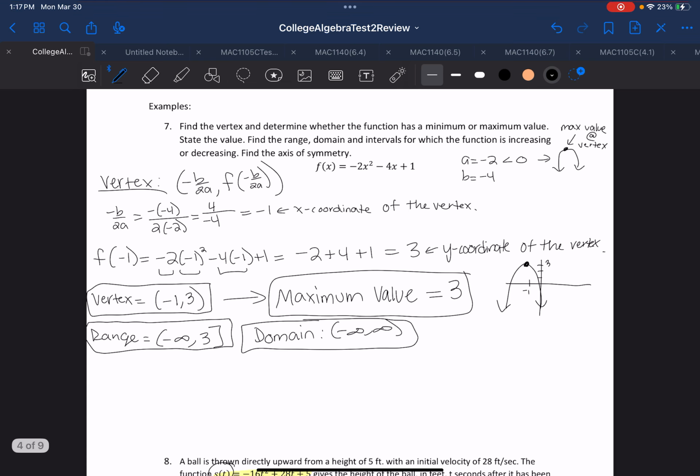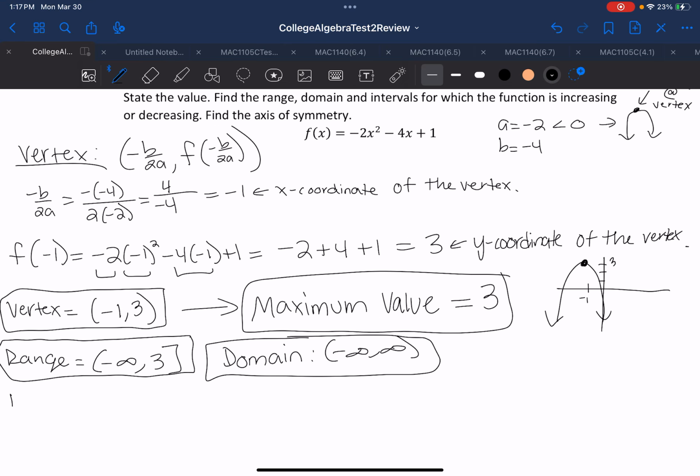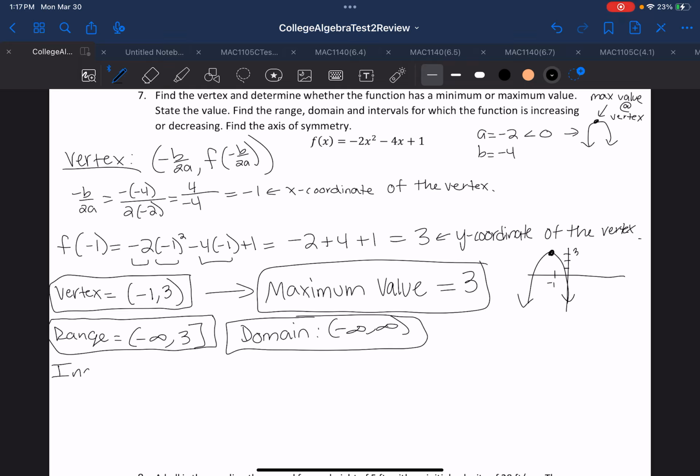And the intervals for which it's increasing and decreasing come from the x-coordinate of my vertex. So it's increasing on the left because it's going up, up, up until that x-coordinate.